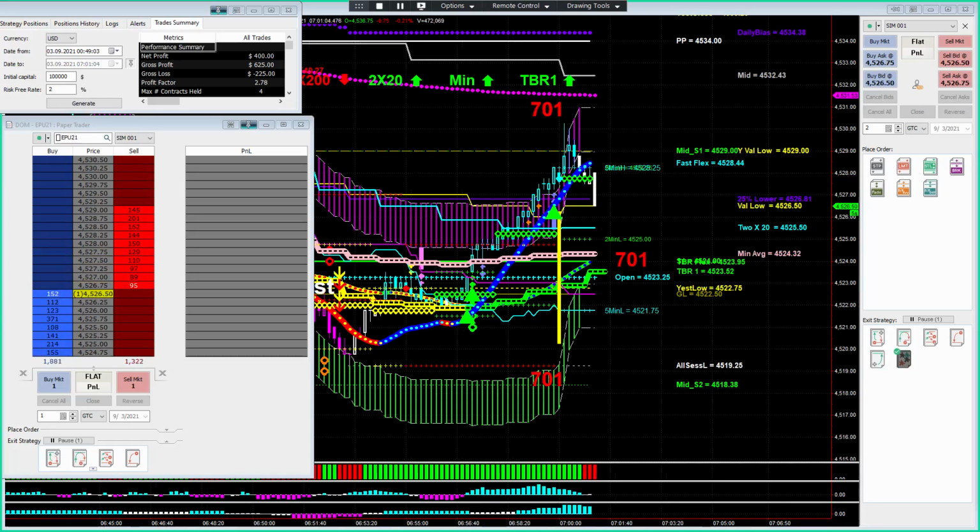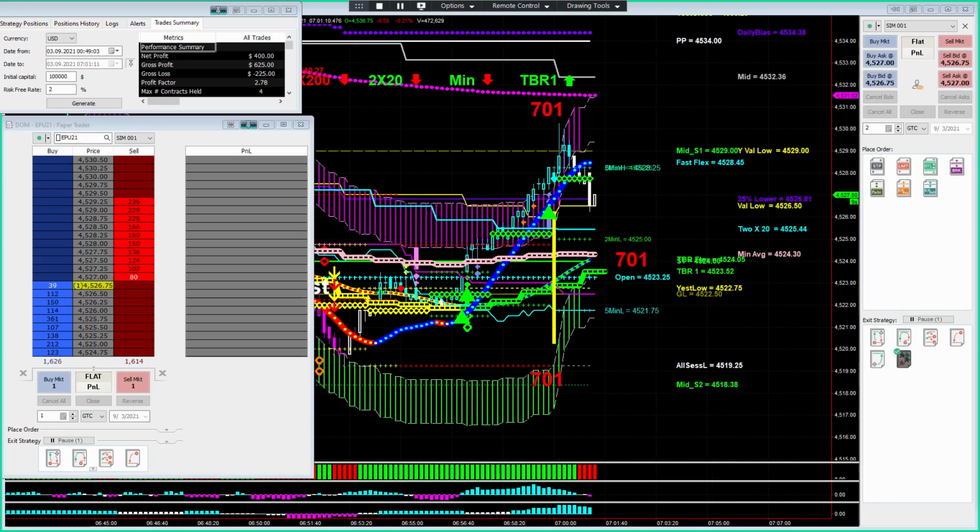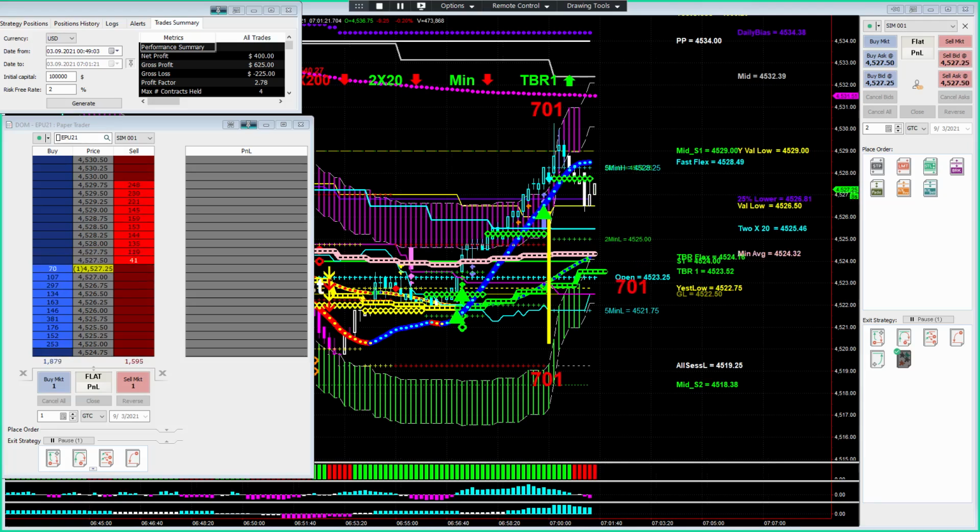Right, so on the long side now, we would have to wait till either a sideways action, stabilization, and then back above fast flex, or a little bit deeper pullback.